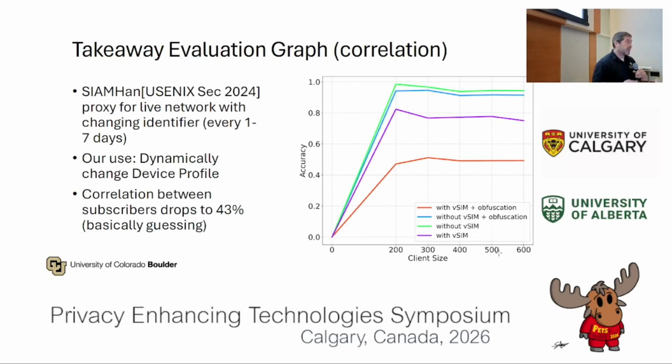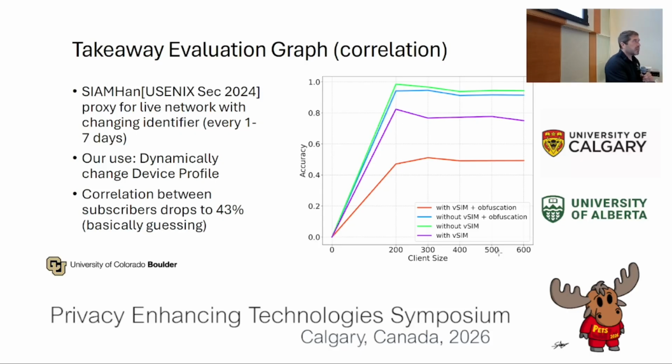So this data set does not exist, or at least we couldn't find any for 5G traffic. There was one in USENIX Security that was more like a campus network, where you have dynamic IP addresses, and they said, hey, we can correlate different traffic that have different IP addresses that are actually the same device.